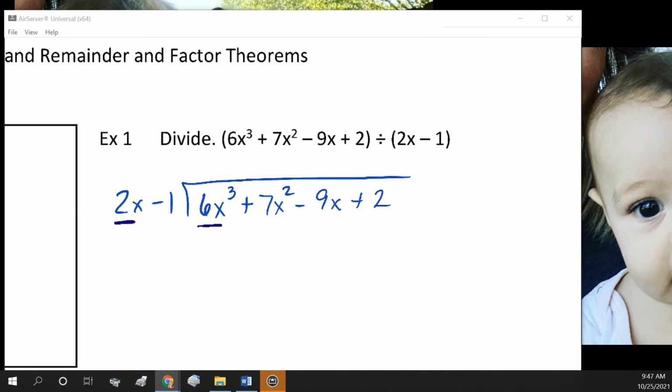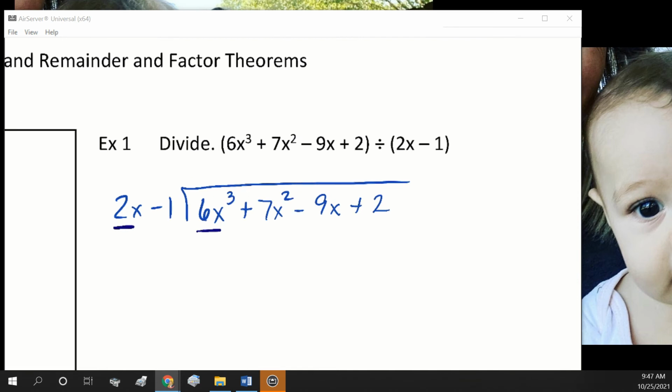Or you can ask yourself, what do you multiply 2x by to get 6x cubed? 3x squared. Yes. And so I like to keep everything lined up, and so I would put that 3x squared above the x squared term.